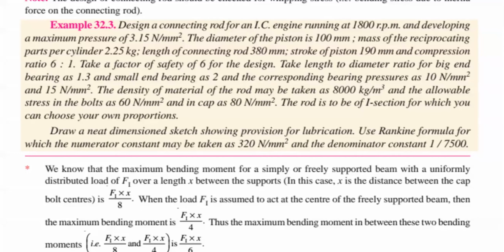The second important point for this given problem is that they directly mention it is a standard I section. That means it is an I section. You may be using different types of cross section, circular or rectangular also, but in the majority of cases you only use I section. If it is mentioned, start, no problem. 99% we are using I section.